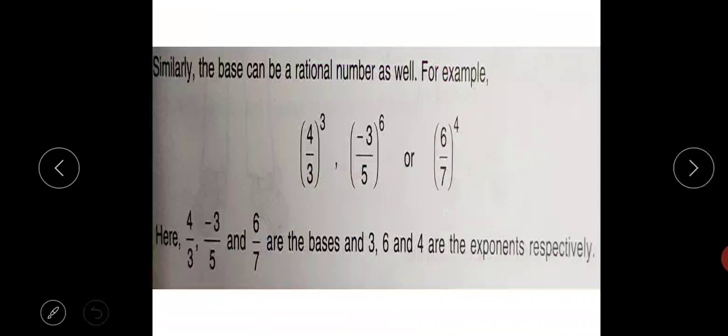For example, 4 upon 3 to the power 3. Here the base is 4 upon 3 and the exponent is 3. Similarly, -3 upon 5 to the power 6 or 6 upon 7 to the power 4. 6 upon 7 is the base and 4 is the exponent.